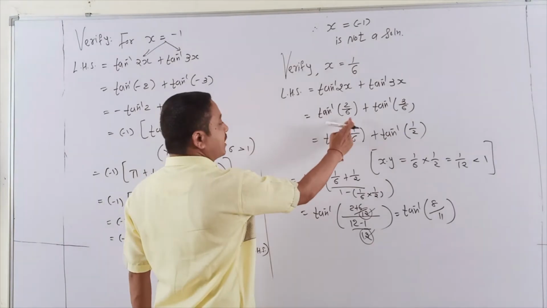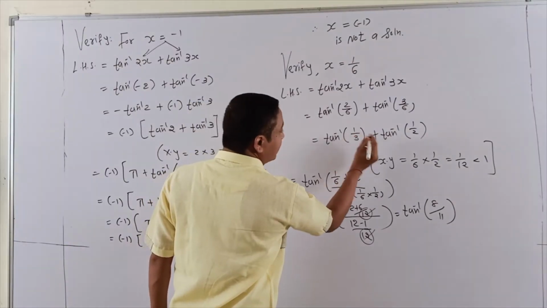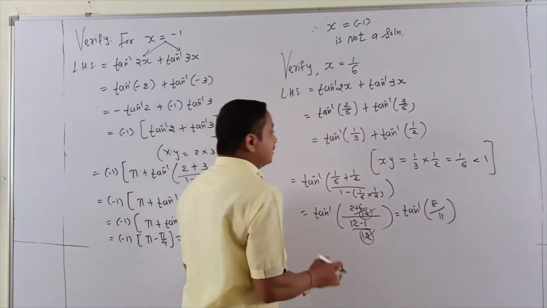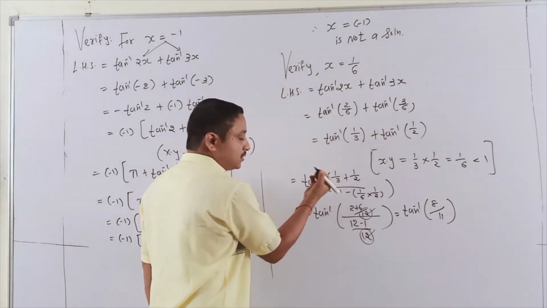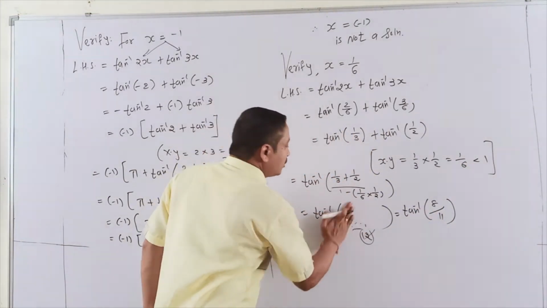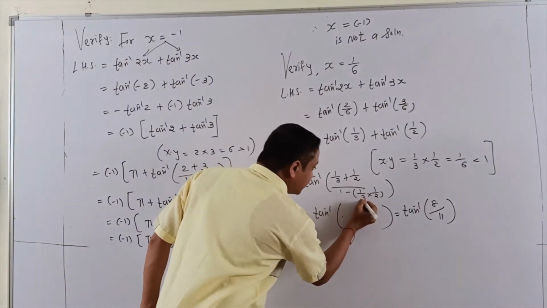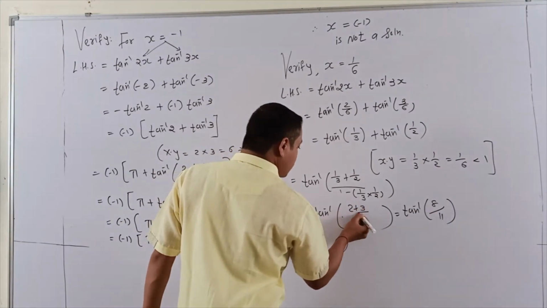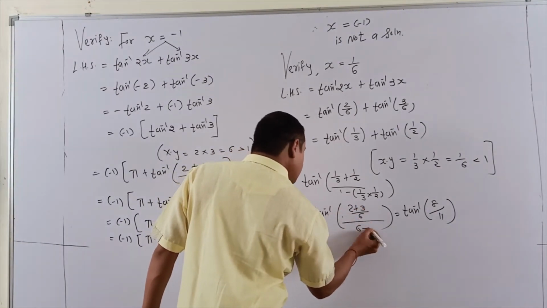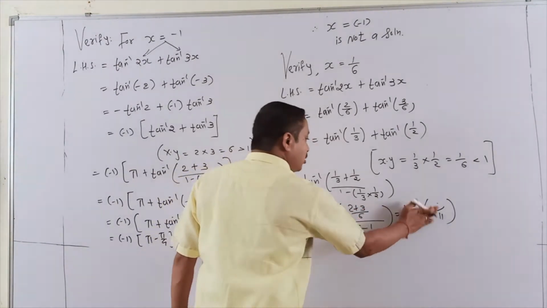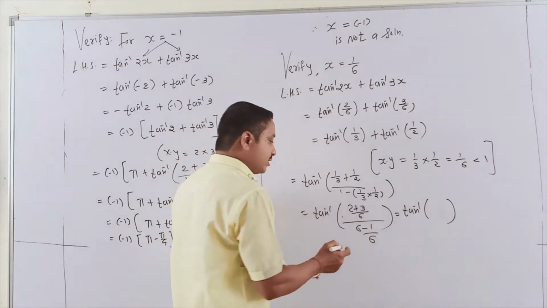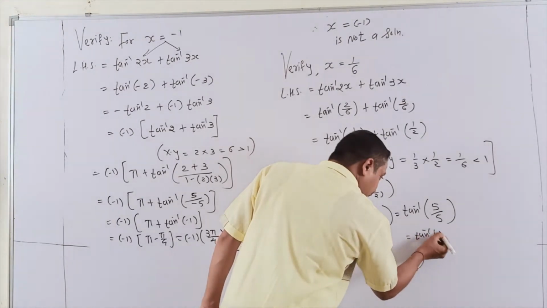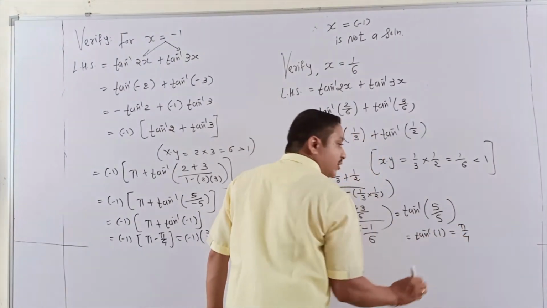Yes students, my mistake here. 2 by 6 is what? 1 by 3. That is 1 by 3. So here 1 by 6 is less than 1, and I just correct my value: 1 by 3 and here also 1 by 3. Now taking LCM 6, so 2 plus 3 by 6, same. 6 minus 1 by 6. Now how much? Yes, 6 is gone. Here 5 by 5, and it is only 1, and that is pi by 4.